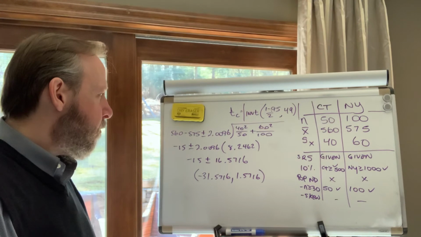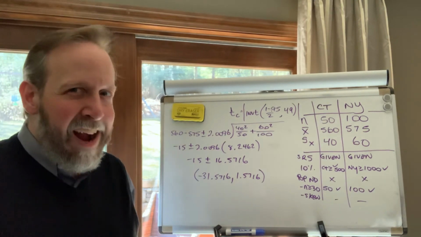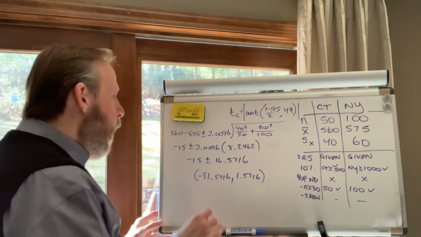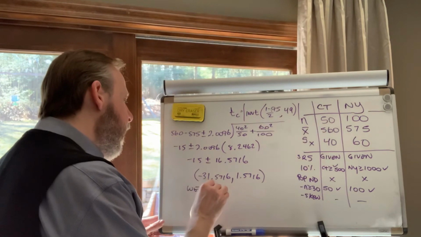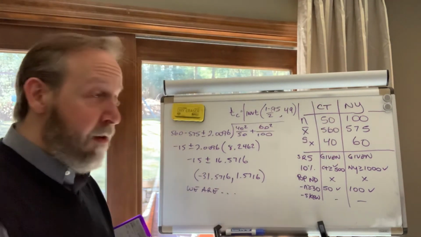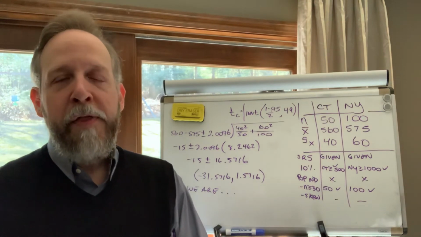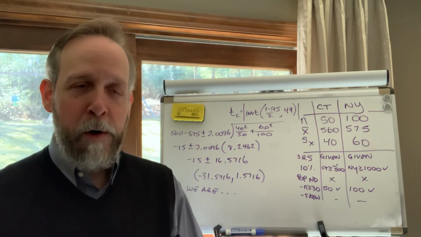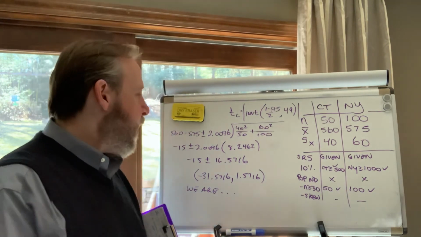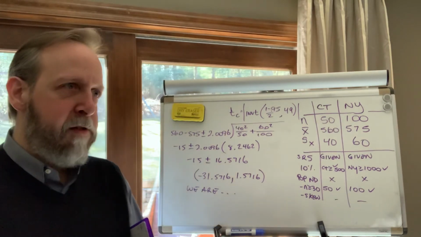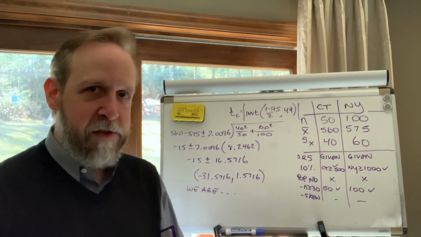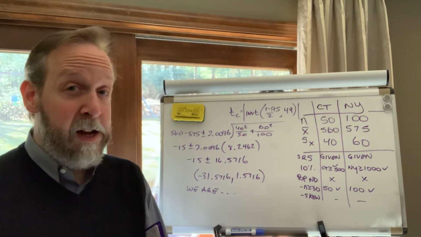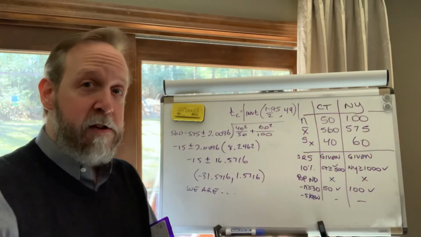Okay, well, it's kind of lopsided, but what's inside the interval? The number 0. We want to say that we are 95% confident that the true difference between the population's average SAT score between Connecticut and New York is between negative 31.5716 points to positive 1.5716 points, which means that it starts off in New York's favor, but at 95%, it actually does extend into Connecticut's favor.